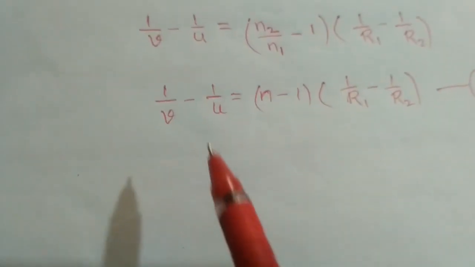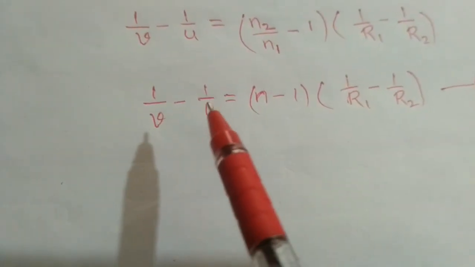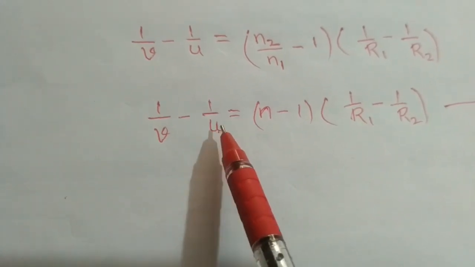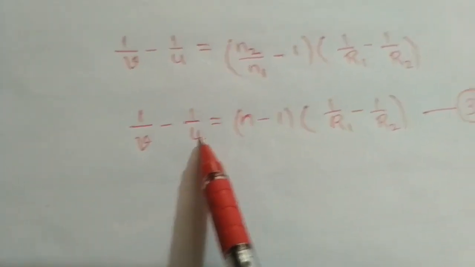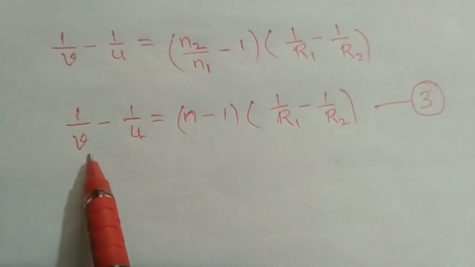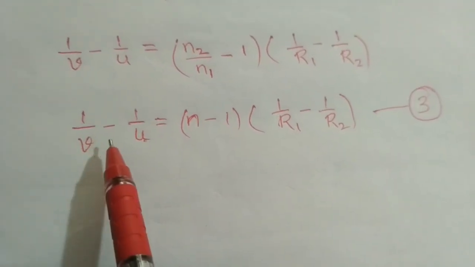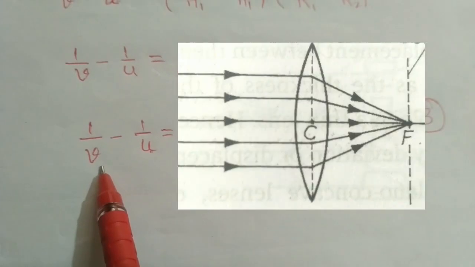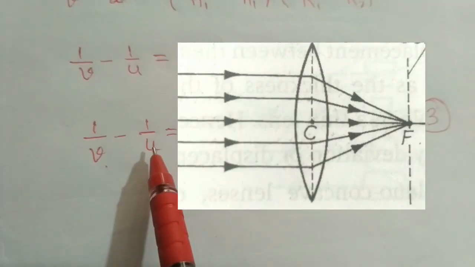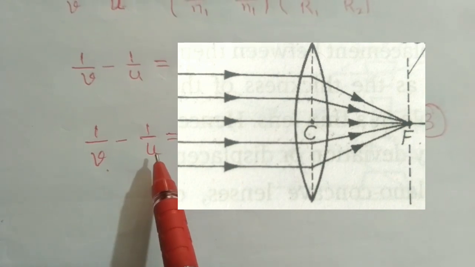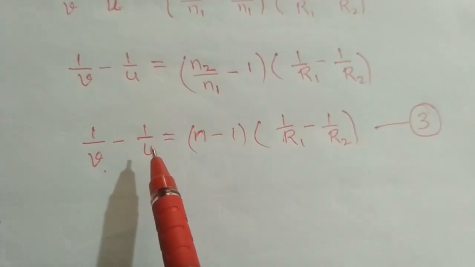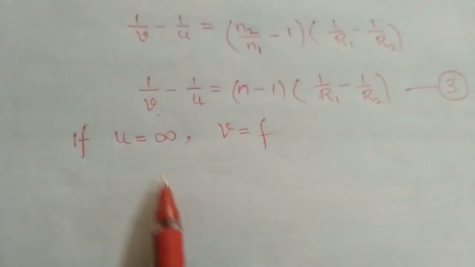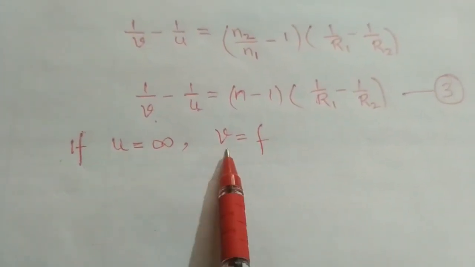Tell me, when the object is at infinity, where does the image form? The answer is the image forms at focus. You can see in this diagram the object at infinity and the image forms at focus. On putting that here, if u is equal to infinity, then v is equal to f.